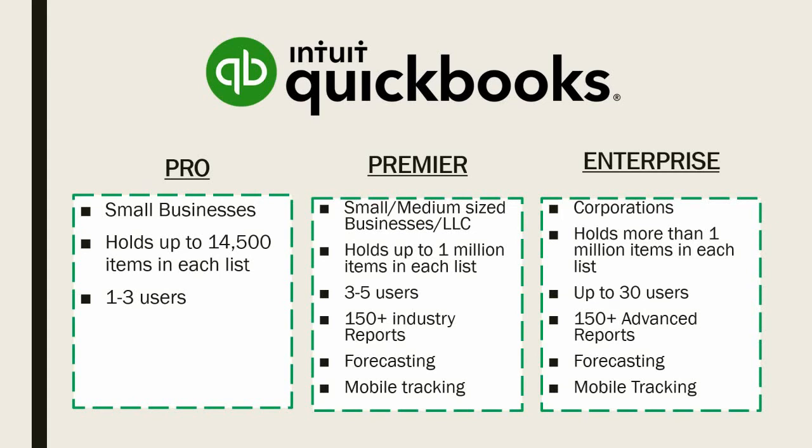So once again, as you progress in the size of your company, you're obviously going to have more vendors, more customers, and you should have a wide set of employees. So therefore, you definitely need to have more lists to be able to compute your transactions in QuickBooks.